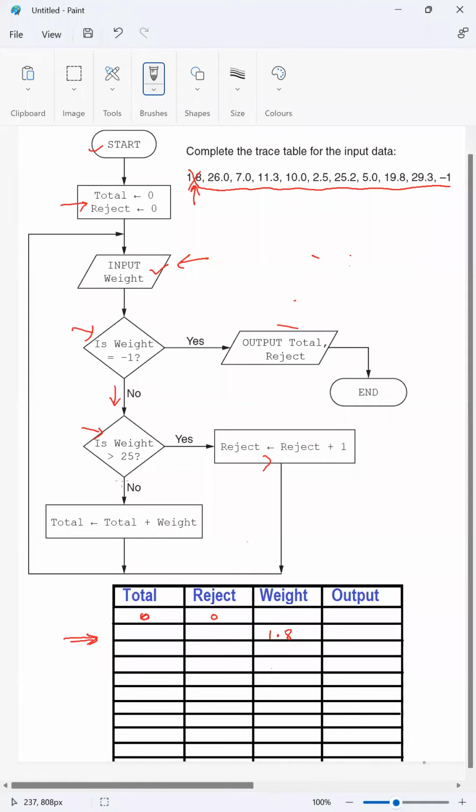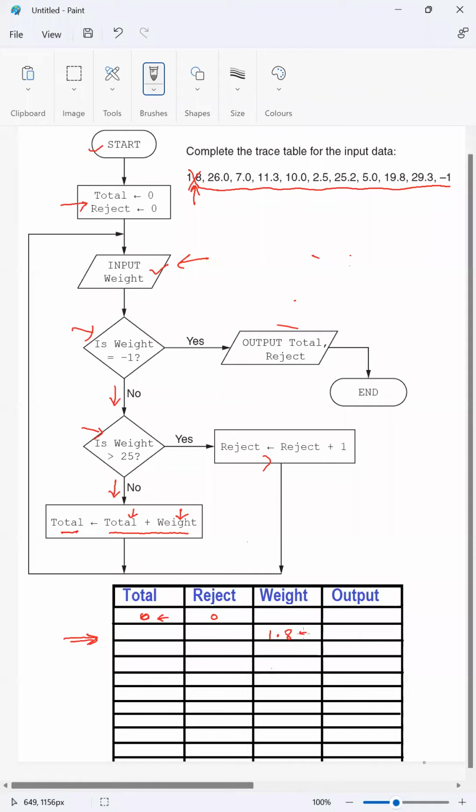If the answer is no, we are going to choose this route. And what are we doing here? We are setting the value of total to total plus weight. To do this, we're going to see the most recent value of total from the trace table. We can see it is 0. And the most recent value of weight from the trace table is 1.8.